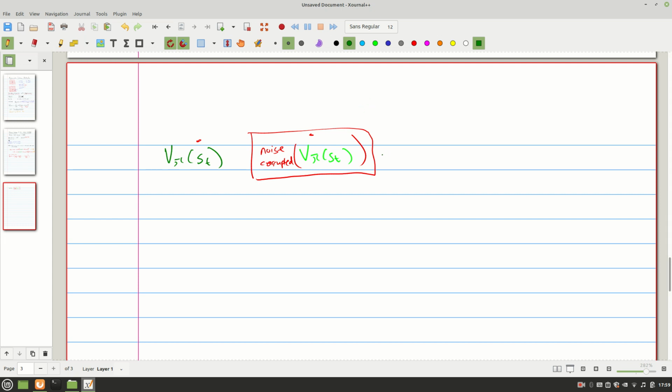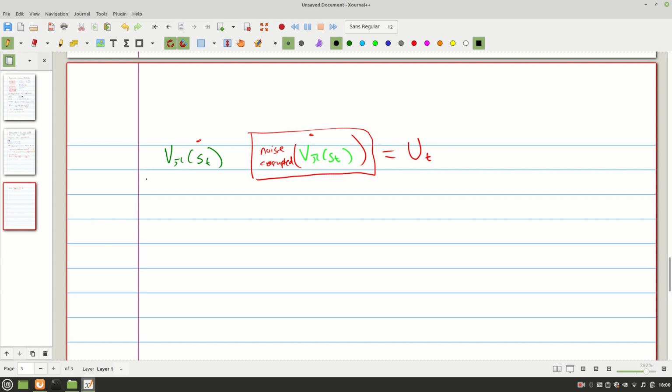We can represent this noise corrupted version as ut. You can think of this as the Monte Carlo target or the TD target, and it's not the true value. We don't actually know what the true value is, at least in the beginning.